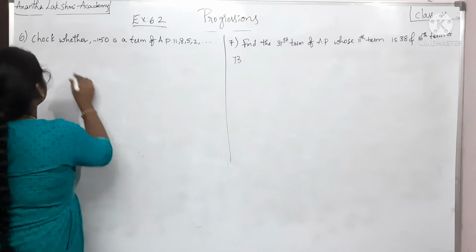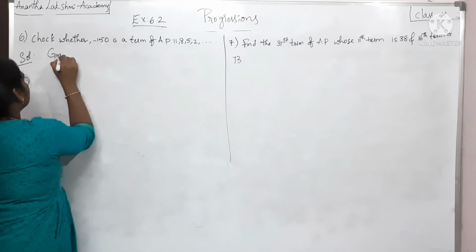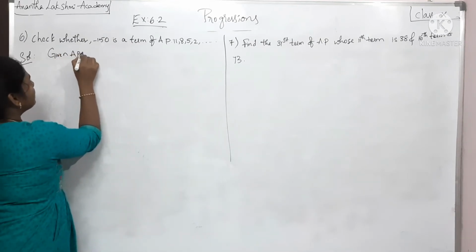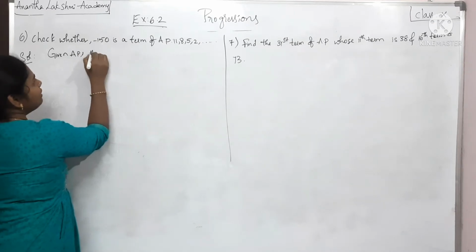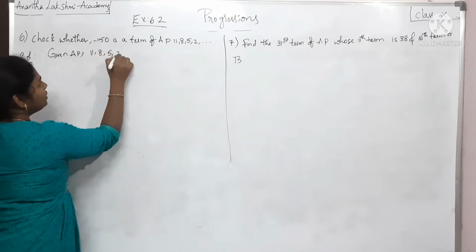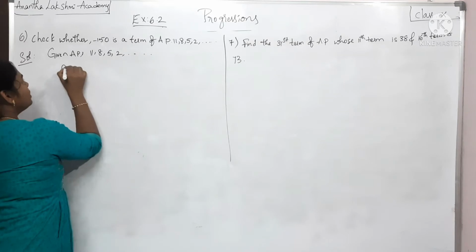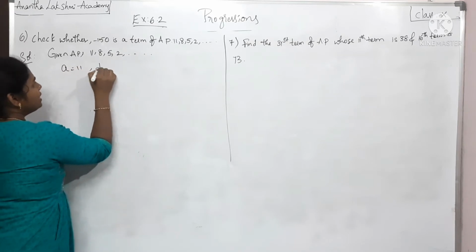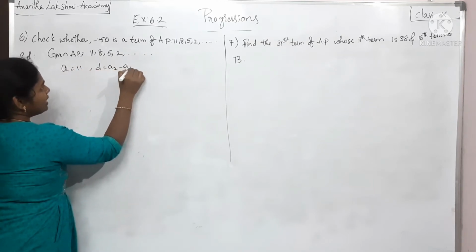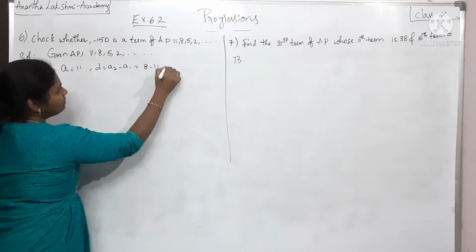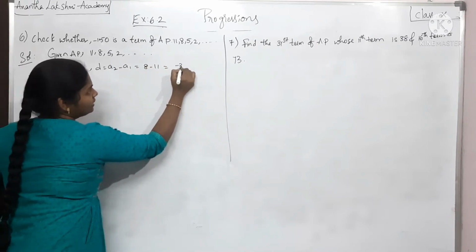So let's get started. What is given? Given AP: 11, 8, 5, 2. From this what can we draw? A is equal to 11. D is equal to A2 minus A1, which is 8 minus 11, which is nothing but minus 3.